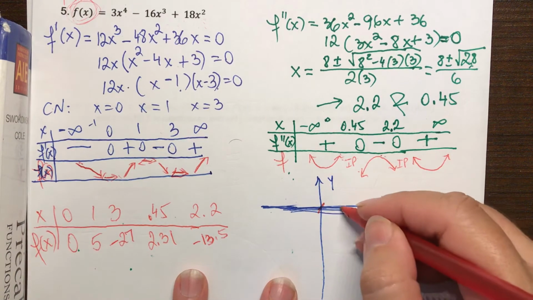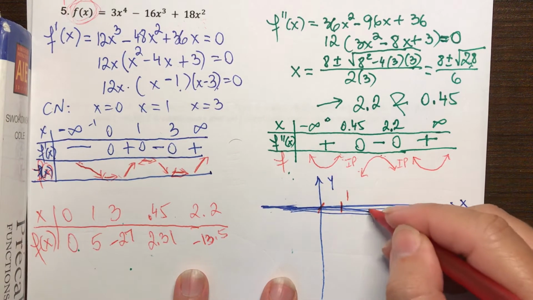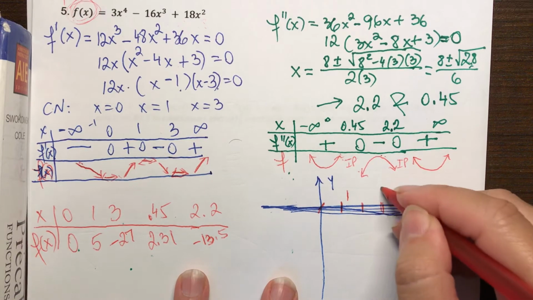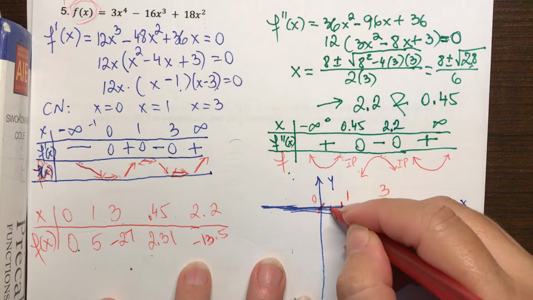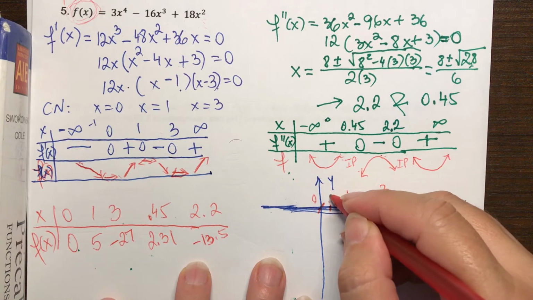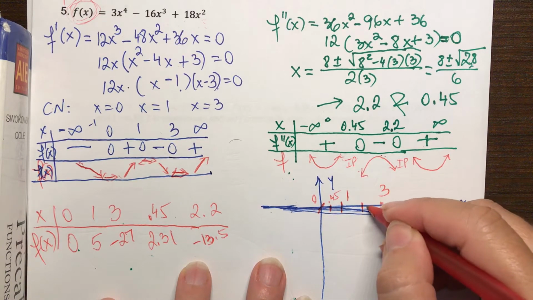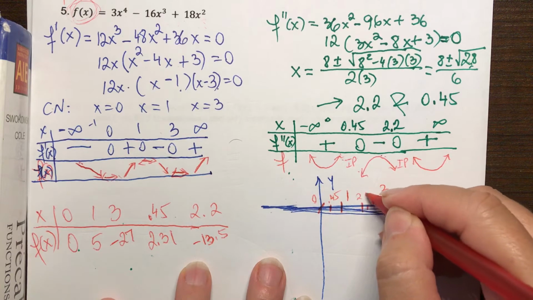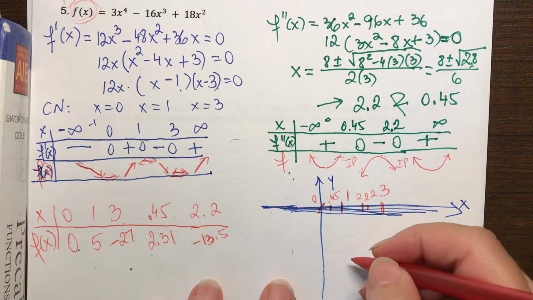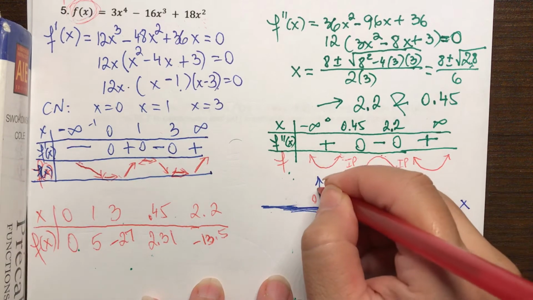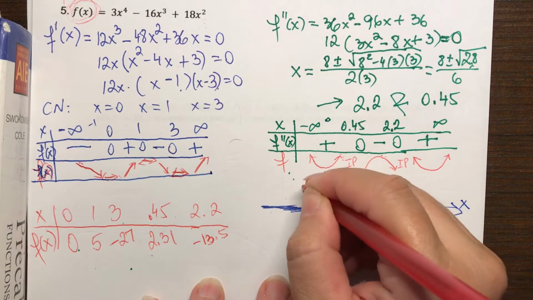As you see, that's why I went more on the positive side. 1, 2, 3. Things are happening. 0.45 is about here. And 2.2 is about here. Okay, what are the y values I'm getting? I'm going to get a 5, which I'm going to put up here.